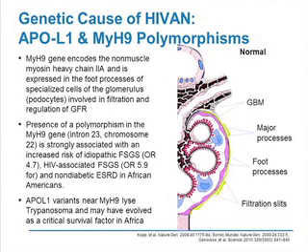Abnormal polymorphisms in the MYH9 APOL1 gene on chromosome 22 is strongly associated with a risk of either of these diseases. It turns out that the MYH9 gene encodes a non-muscle myosin chain that's expressed in specialized cells of the podocyte.